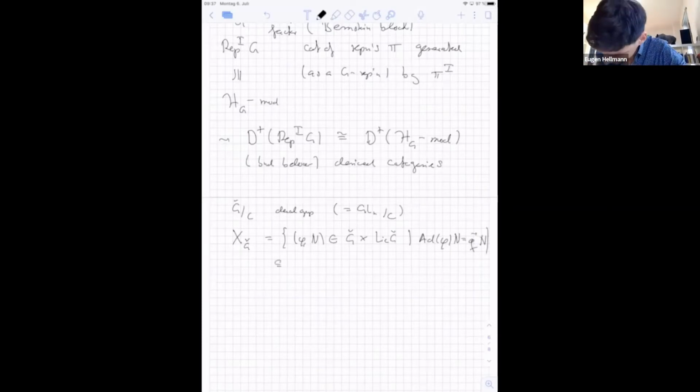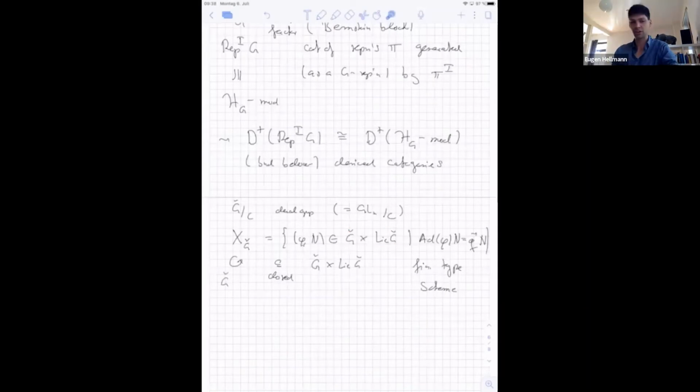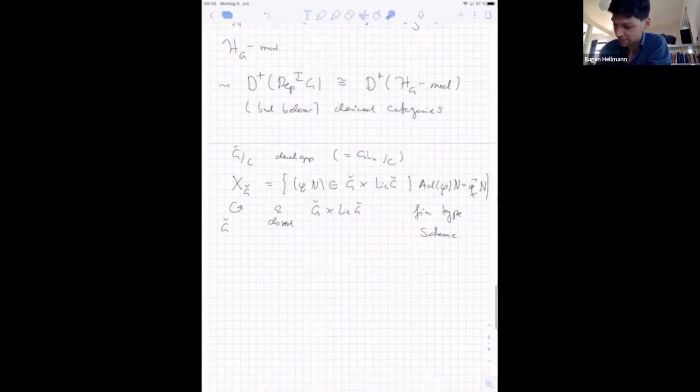Okay, and this is a nice closed subvariety or subscheme of G-check times its Lie algebra. So this is a finite type scheme, which comes equipped with the action of G-check by conjugation on G-check and via the adjoint representation on the Lie algebra, which certainly does preserve this equation.